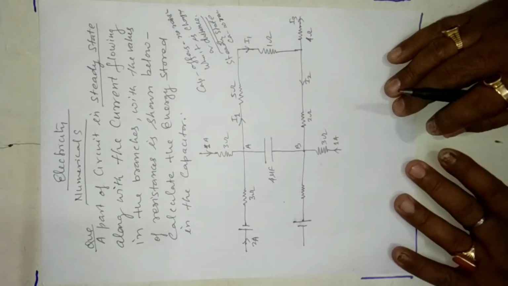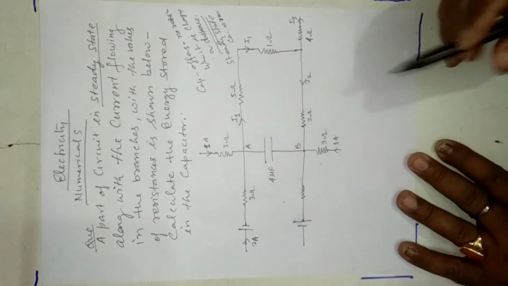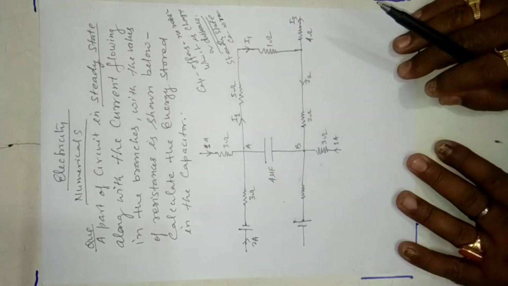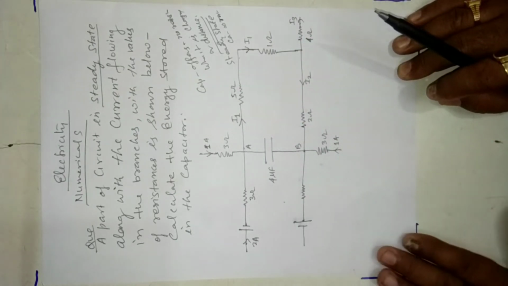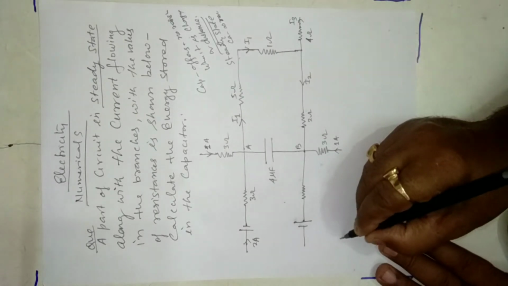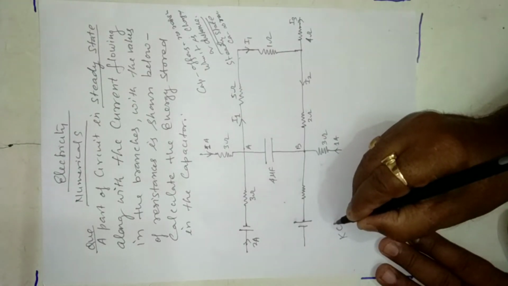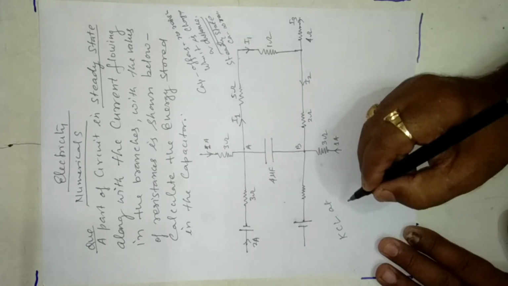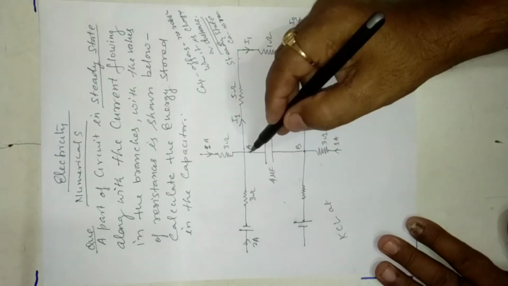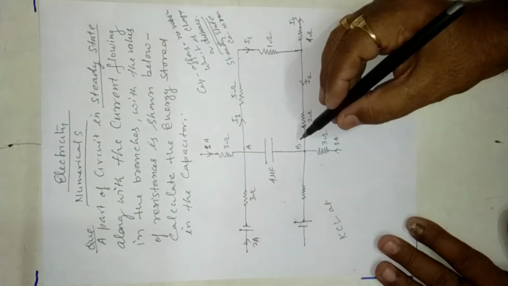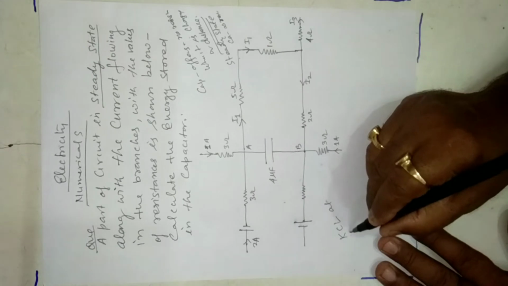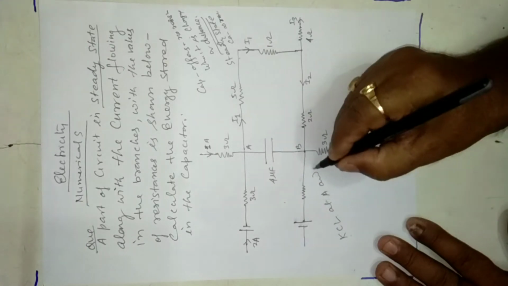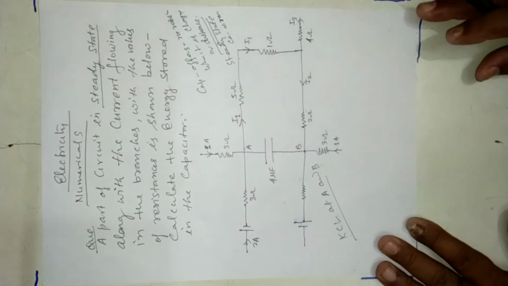But we have to calculate here the energy stored in the capacitor. What amount of energy is stored here? So we will use here Kirchhoff's current rule or law at points, we are giving here point A and B. So we are calculating using Kirchhoff's current rule at A as well as at B. So how we will use here?